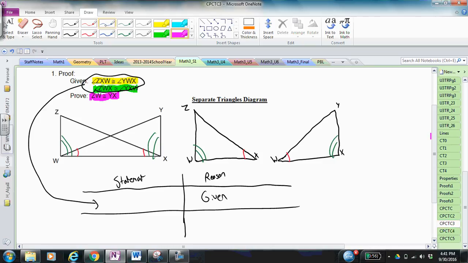Anytime I have overlapping triangles, they're always going to share some part. So would you look at that? These two triangles share that side. So I can go ahead and mark that. WX is congruent to WX. It's the exact same side if I pull the triangles back together. So that's just the reflexive property.